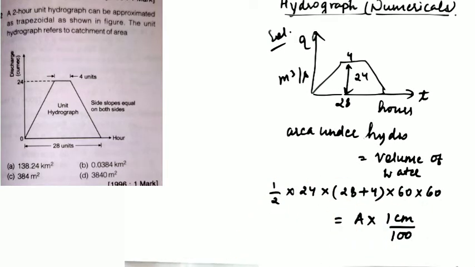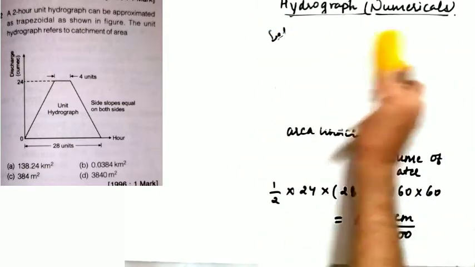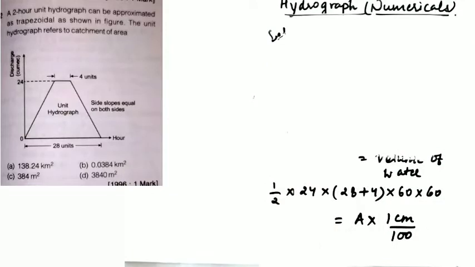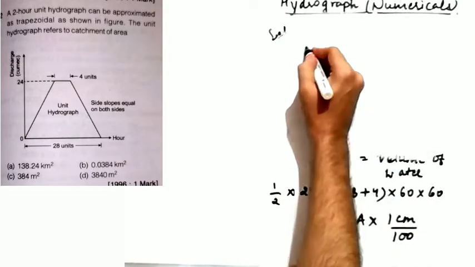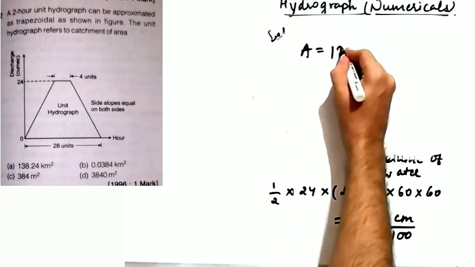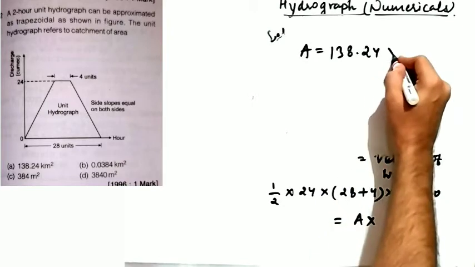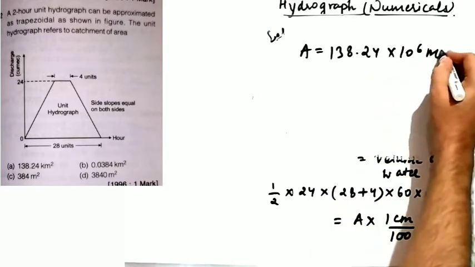Now from this equation you will get the area in terms of meter square, but the options are in meter square as well as in kilometer square. So when you solve this question, you will get an area. The area will come out to be 138.24 into 10 to the power 6 meter square.